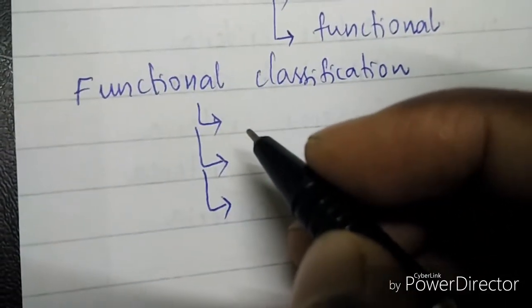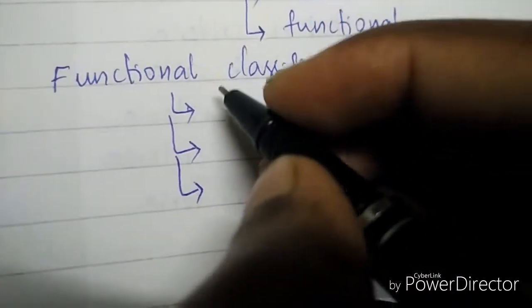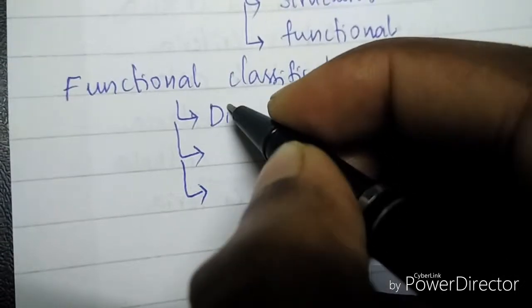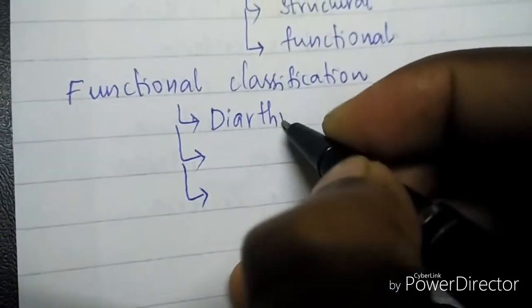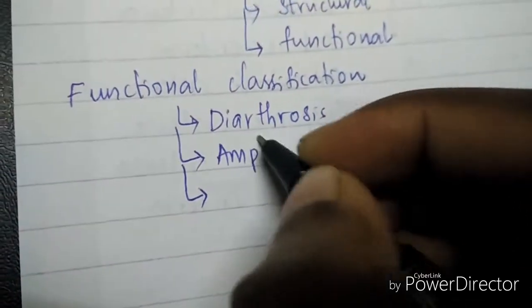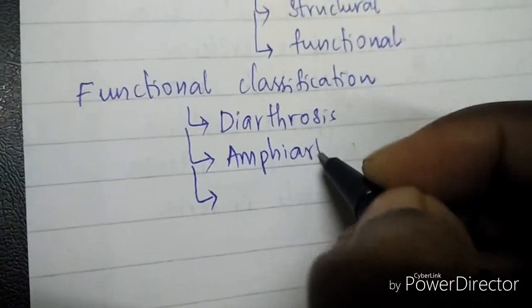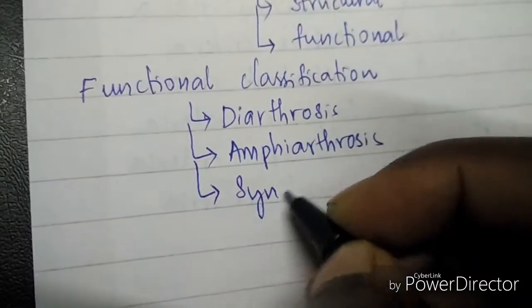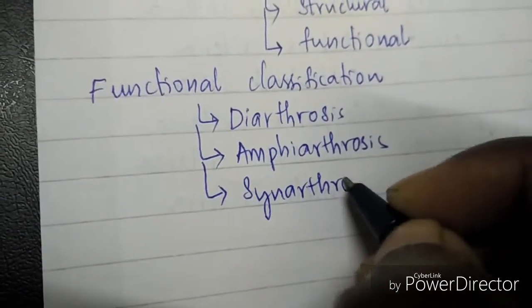According to this classification, there are three types of joints: diarthrosis, amphiarthrosis, and synarthrosis.